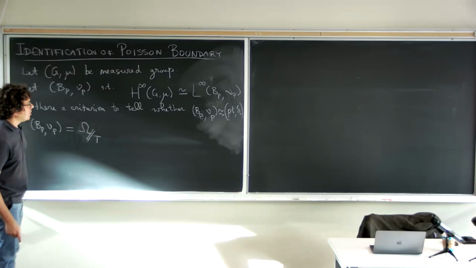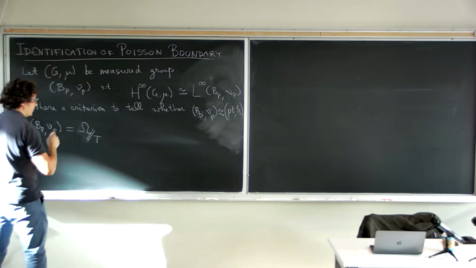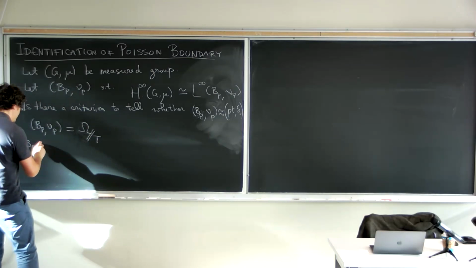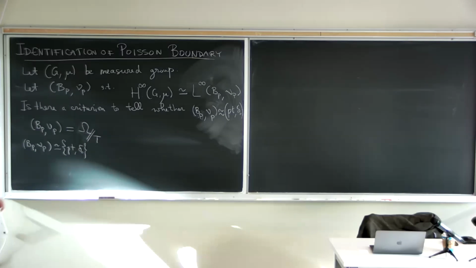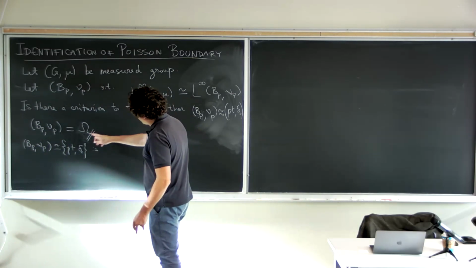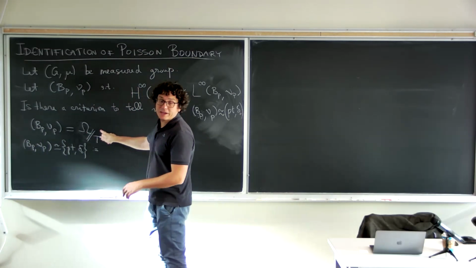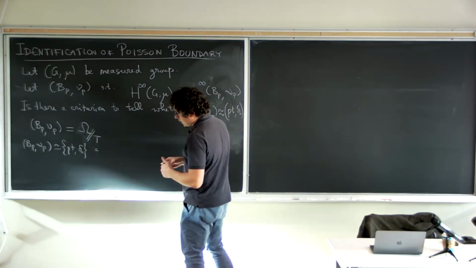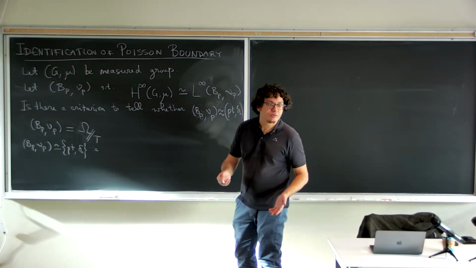So basically the point is that if this boundary is trivial, a point, well, this basically means that you have the set omega, which is the space of infinite sample paths, and you want to write this space omega as a union of T orbits, such that every class is a union of T orbits, and it's also measurable, right?